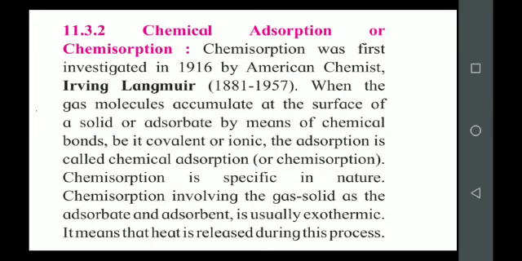So rusting of iron is a very common example of chemisorption, where a metal, which is iron, interacts with the adsorbate oxygen and forms a chemical bond with oxygen, forming metal oxide, and a single layer of metal oxide is formed on the surface.